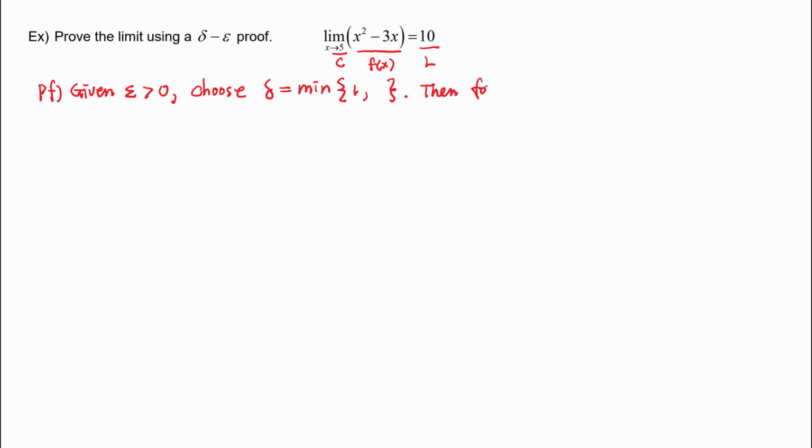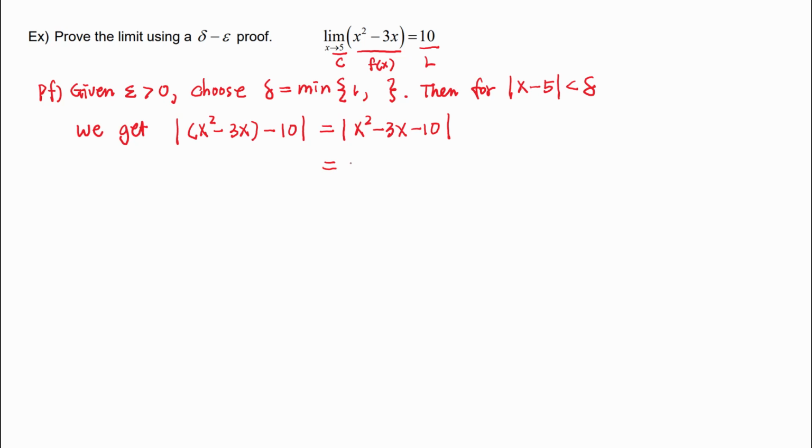Then for |x − c|, my c is 5, less than delta, we get the absolute value of f(x). My f(x) is the quantity x squared minus 3x minus L. L is 10, which, when you write this without parentheses, is just the quadratic expression x squared minus 3x minus 10, which factors as (x + 2)(x − 5).